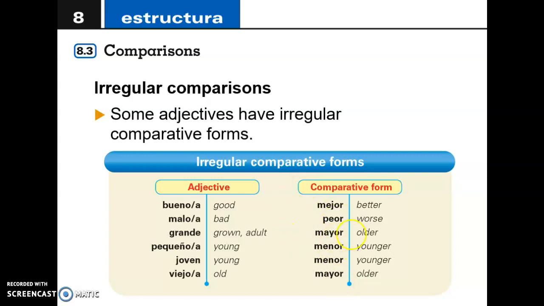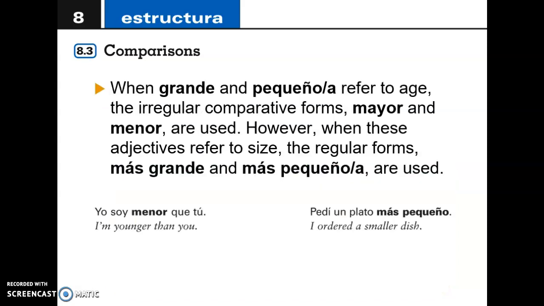So we do have comparisons over here. They are some of the irregular ones because we are not always going to have exactly the same structure; we always bump into some irregular forms. In any language, we do have irregularities to each rule. Just wrapping up, we also say that grande and pequeño refer to age sometimes.